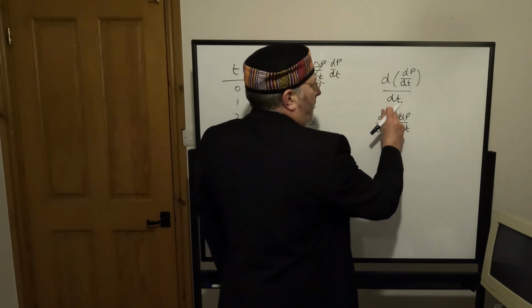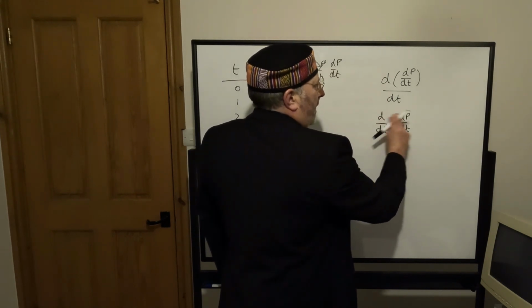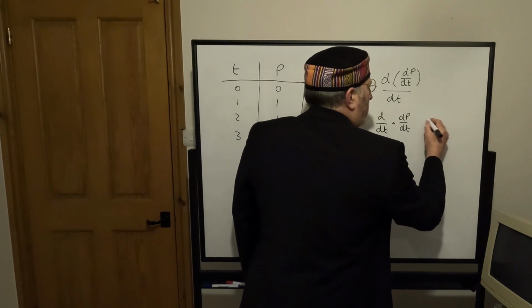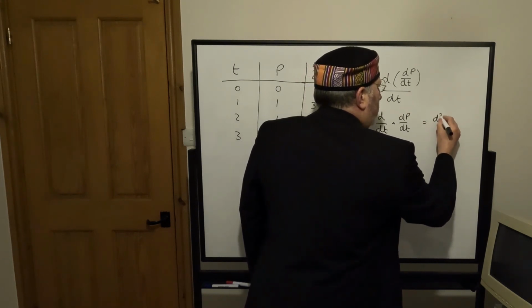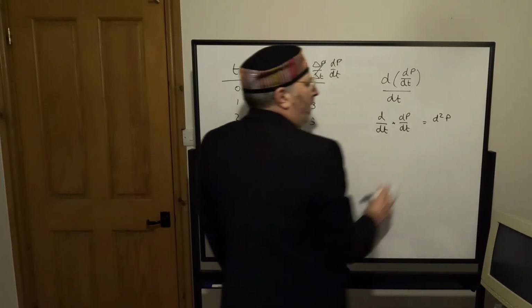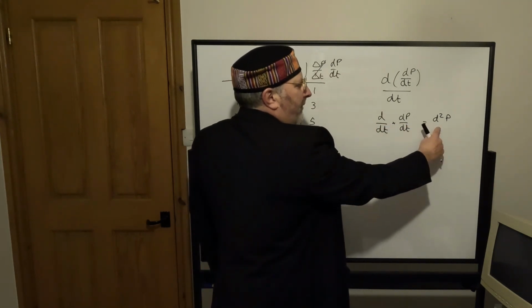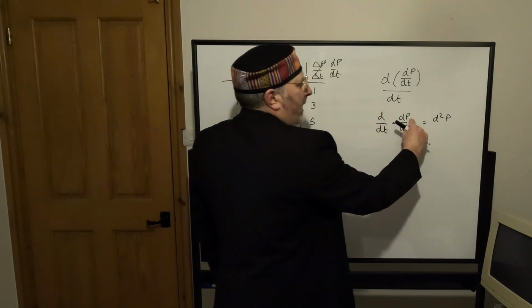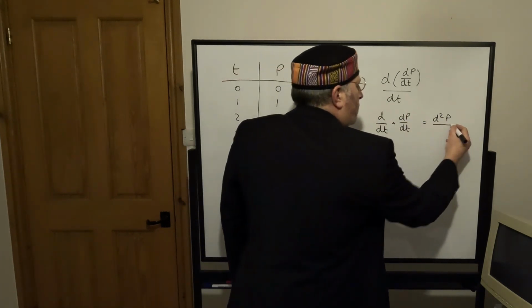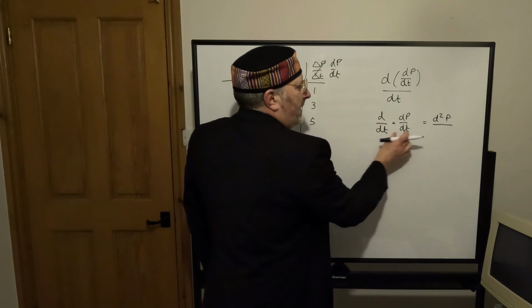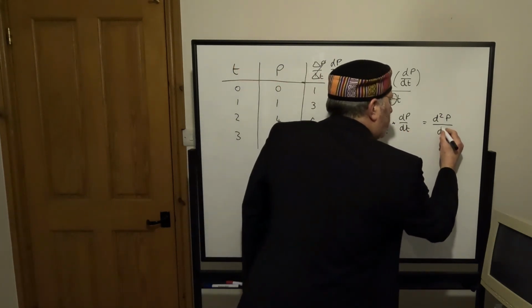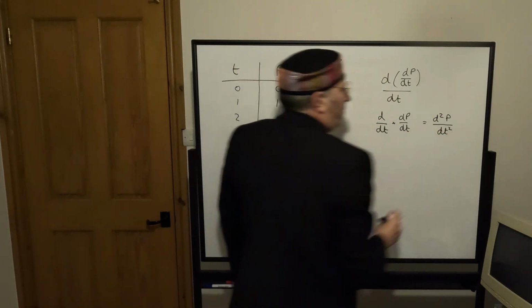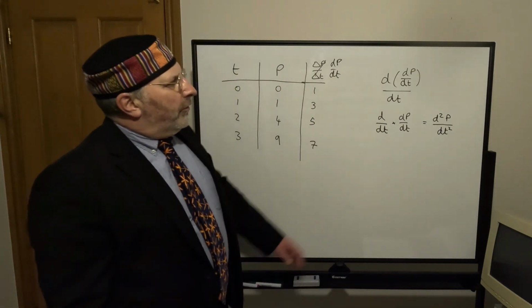And so we've got d times dP on the top, which gives us d2p. We write it as d squared, but we pronounce it as d2p. So there's d times dP, d2p, over dt times dt, dt squared, and this time we do say squared.